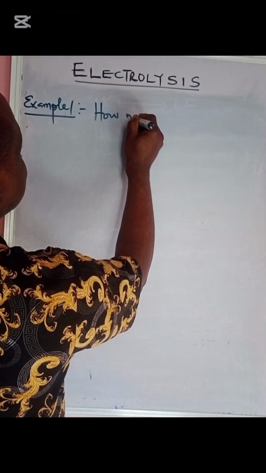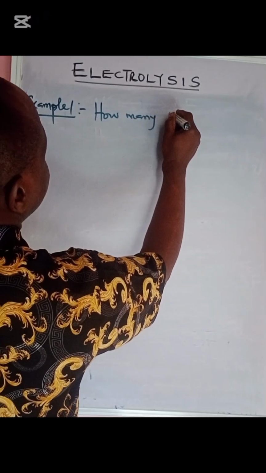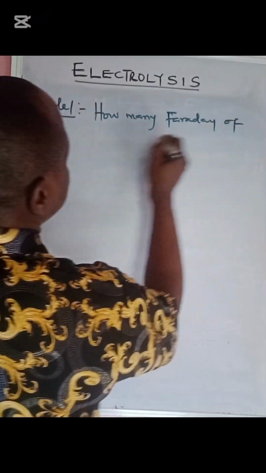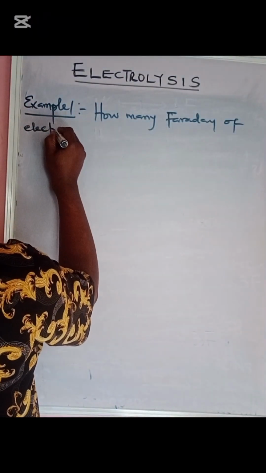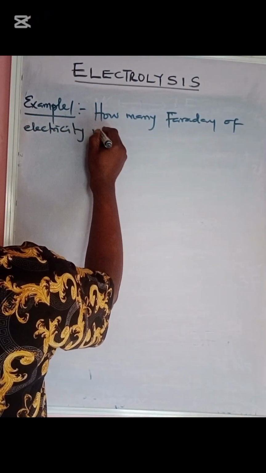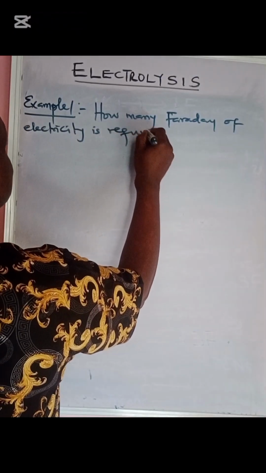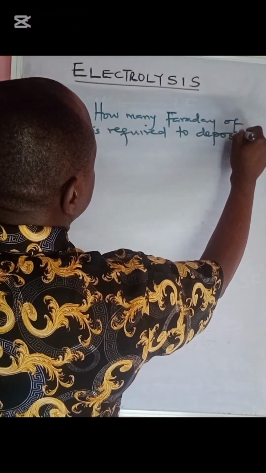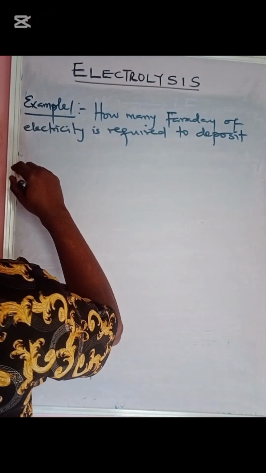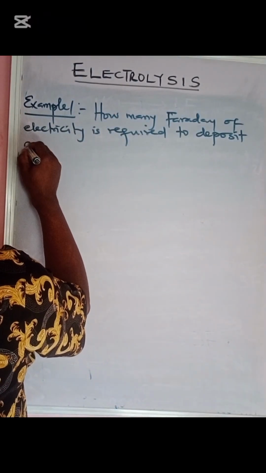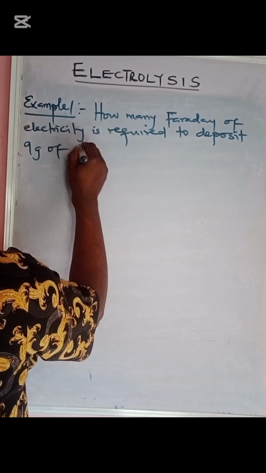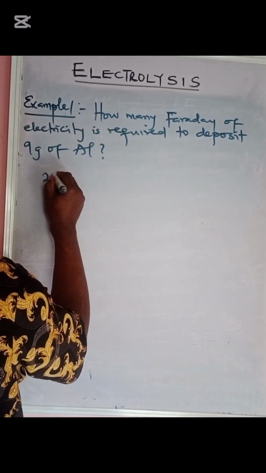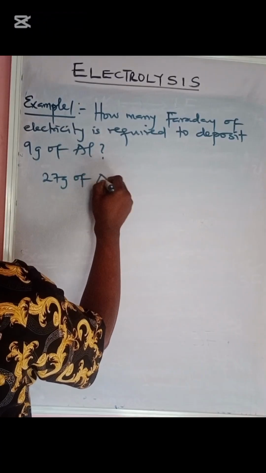How many Faraday of electricity is required to deposit 9 grams of aluminium?